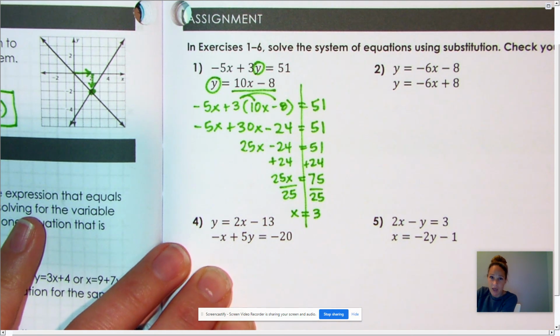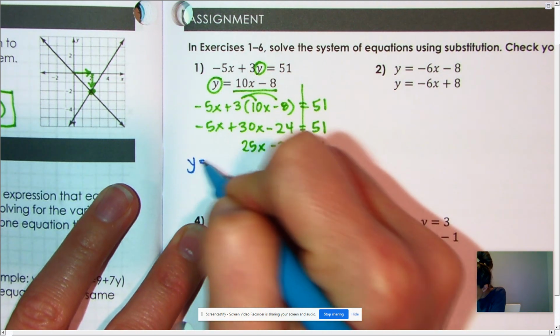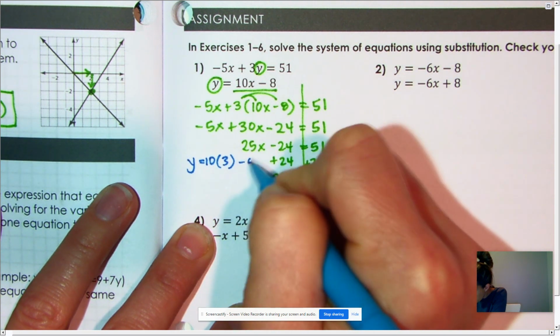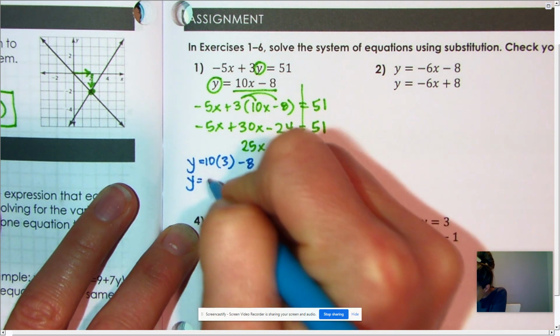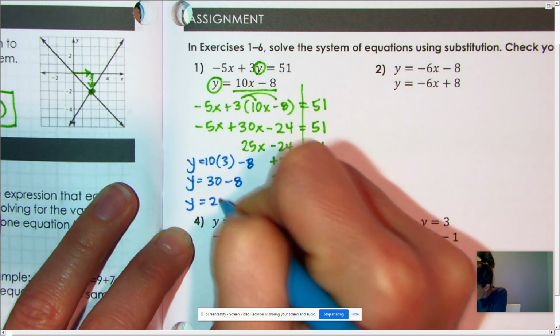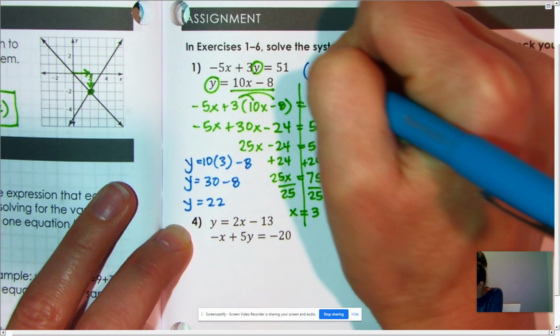Now I need to plug that back in to get what y is. I know that y is equal to 10 times whatever x is, which I know is 3 now, take away 8. So y equals 30, take away 8. So y equals 22.